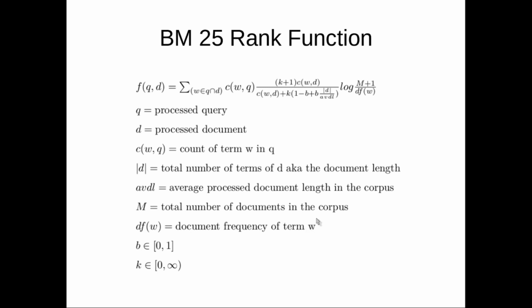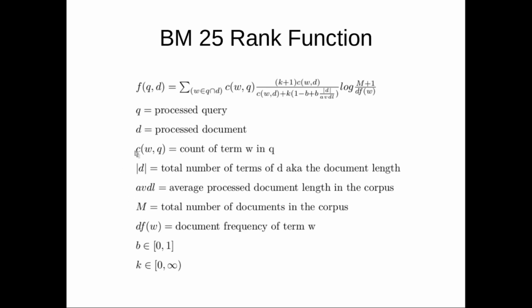So how often this word W appears in documents inside the current collection of documents. You can see that the last three are actually statistics of the corpus. They are not a property of a single document, but rather all of the documents together, right?